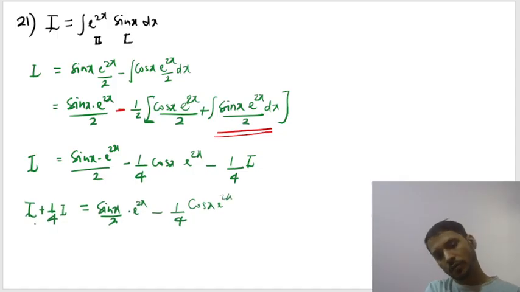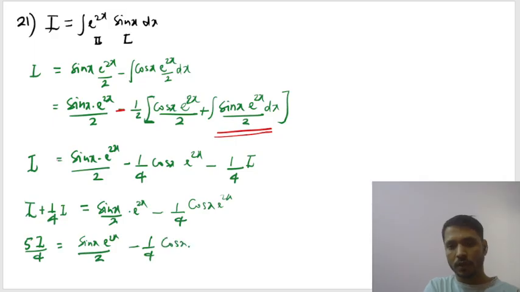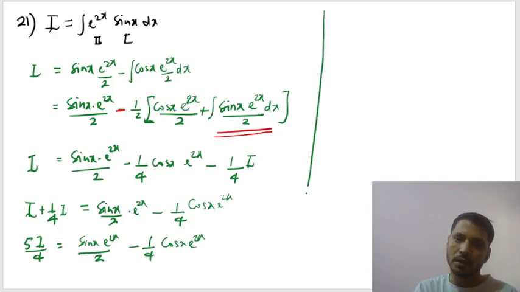But what is the addition of this? This will become 5I by 4, and right side part as it is, sine x e to the power 2x divided by 2 minus 1 by 4 cos x e to the power 2x. Now we can write finally I is equal to what?